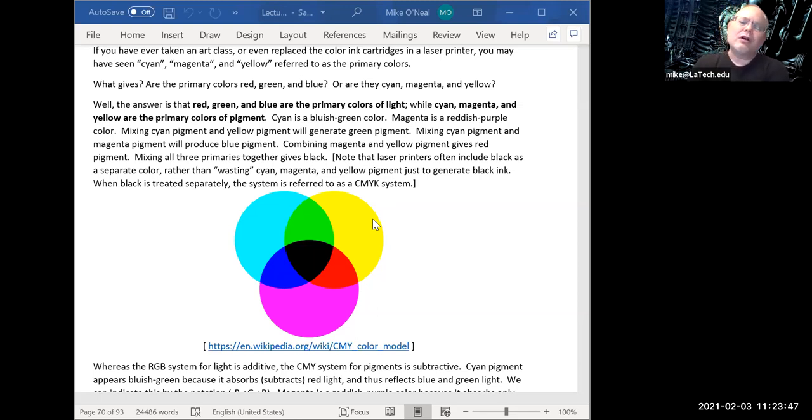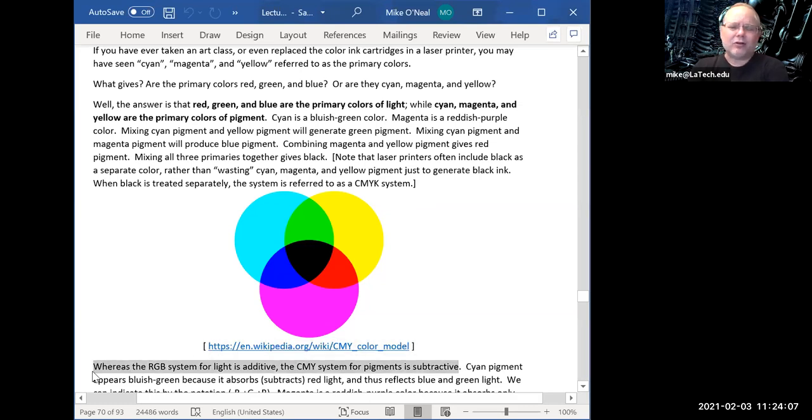Yeah, that's true. But the color system for light is what we call an additive system. So RGB is an additive system.